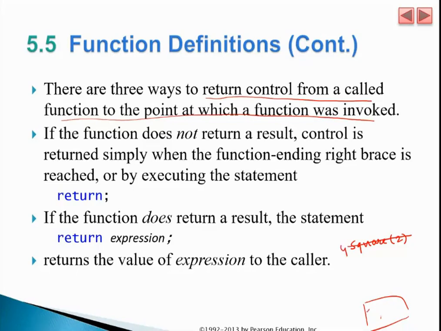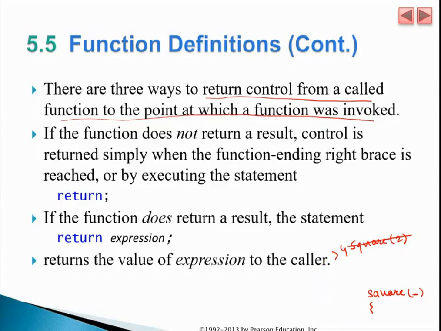So control will again come exactly to the point where it left, right? And this is happening through the return statement. If the function does not return any result, control is returned simply when the function ends at the closing bracket. So if you don't write anything, if there is no return type or void return type, so there is something.